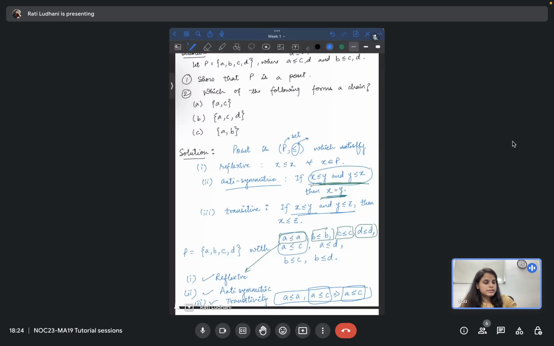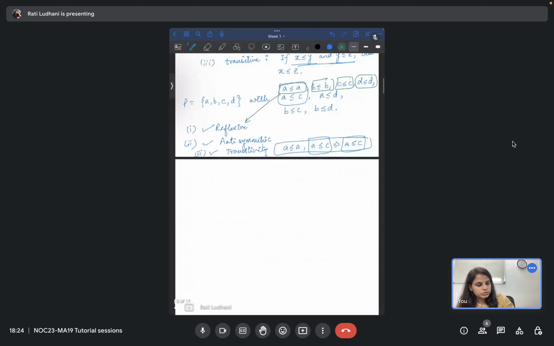Now, let's check whether it contains a chain or anti-chain. So, what is a chain? Do you remember the definition? Yeah, so basically for every pair of elements, we have either x is less than or equal to y or y is less than or equal to x. Exactly.